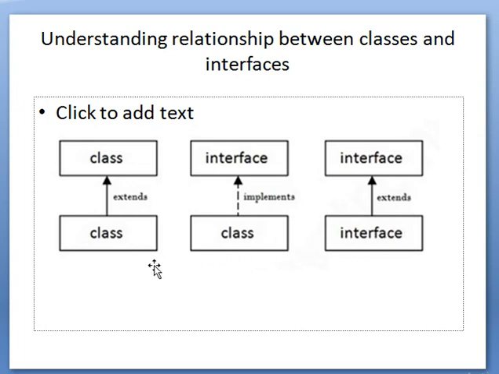From this diagram, it is clear that if you have one class and you want to utilize that class, you have to use the inheritance concept by using the extend keyword. I repeat, if you have a class that you want to utilize in your program, you have to inherit that class by using the extend keyword.